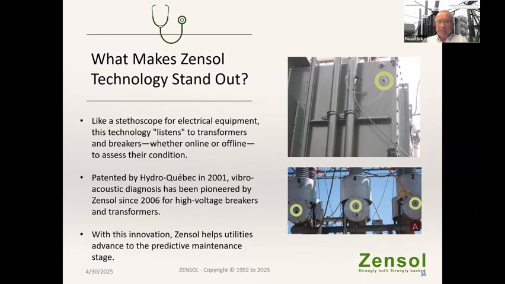So you get like a pattern, like a fingerprint. So this way you can use it for a future reference. It's why we think that this innovation, Zensol, can help utilities to do predictive maintenance.